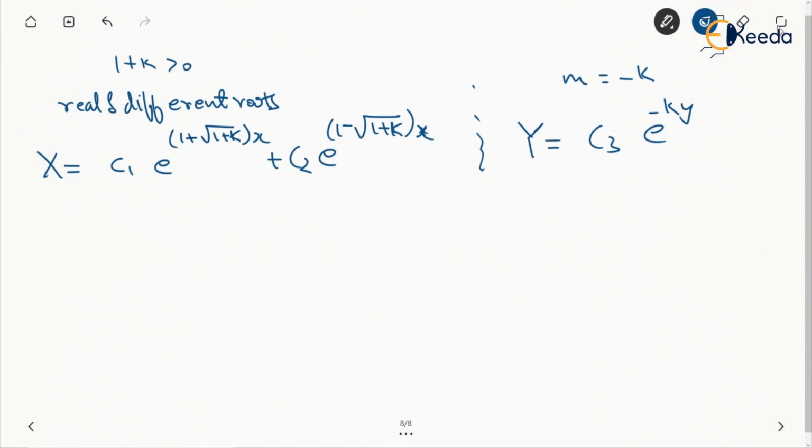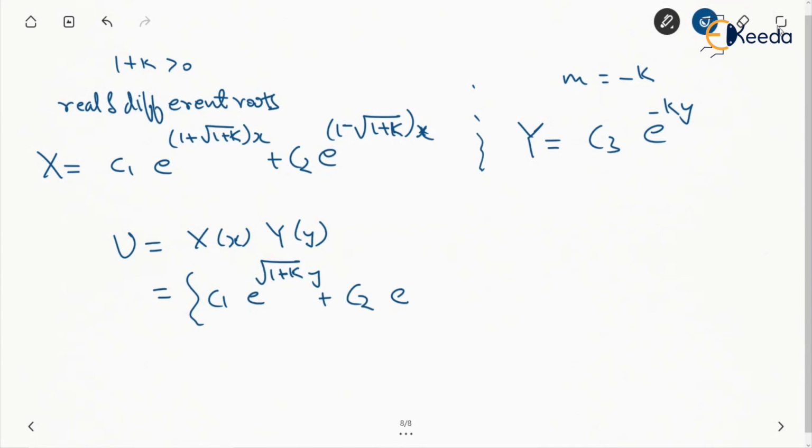So these are the possible set we can get, and in that case we can find the final solution u, which is X of x into Y of y, can be given as c1 e to the power of 1 plus under root of 1 plus k times x plus c2 e to the power of 1 minus under root of 1 plus k times x.